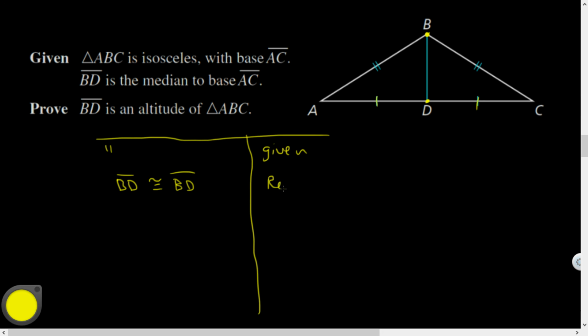Then they're congruent. So triangle, what do you want to call that? ABD and CBD, by side, side, side. I agree.